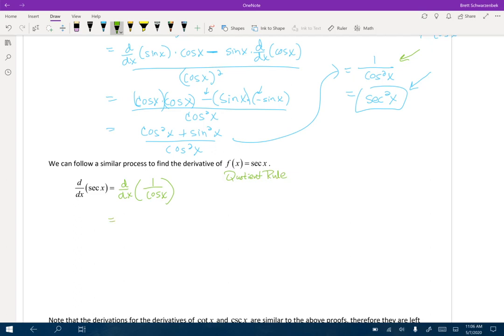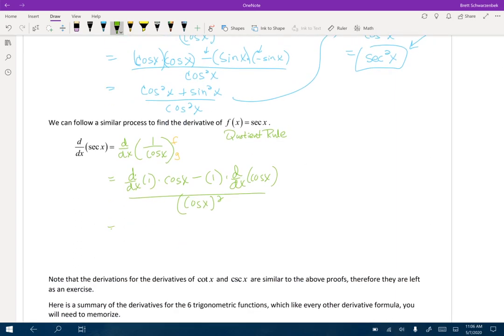So how do we do that? Well, remember that the top is f, the bottom is g. So we're going to do the derivative of 1 times our original function cosine minus 1 times the derivative of cosine itself, all over cosine x quantity squared.